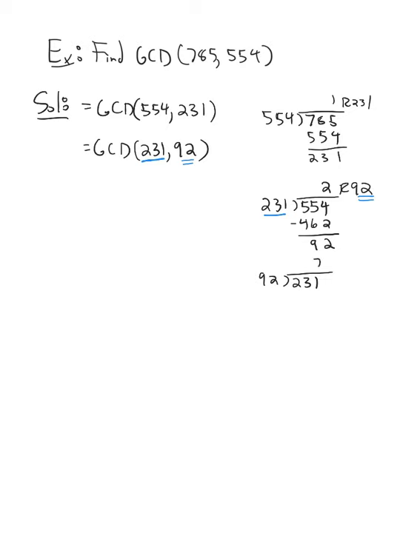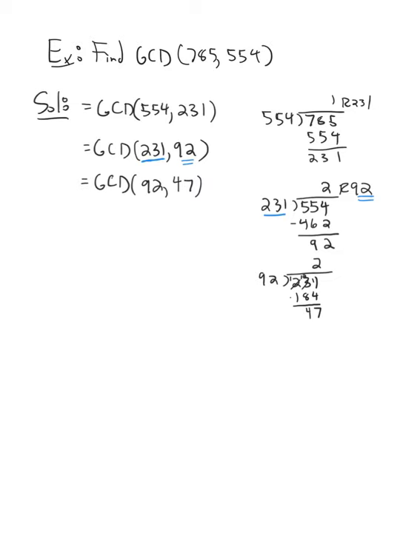So it goes twice. That's 184. We subtract. We get 47. Okay. So the greatest common divisor of 92 and 47.